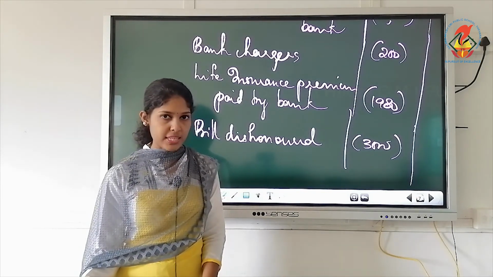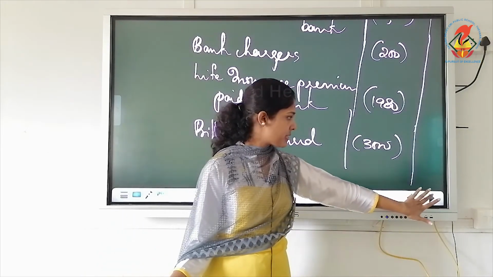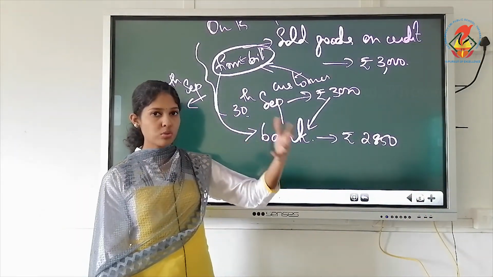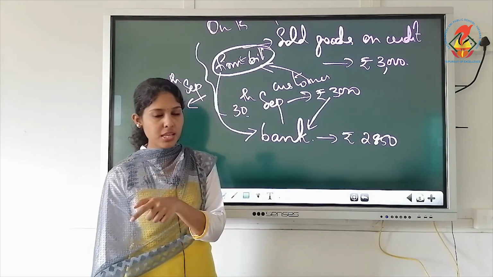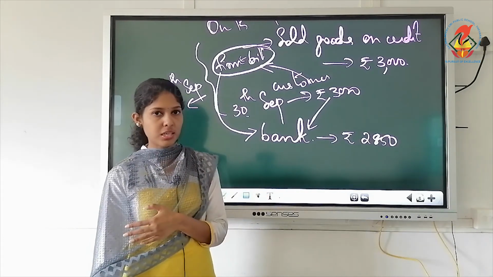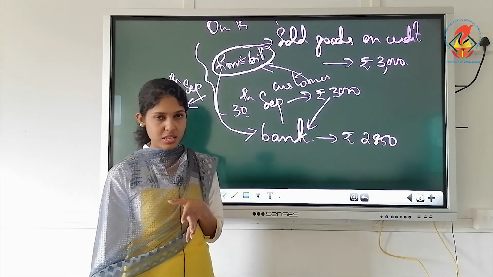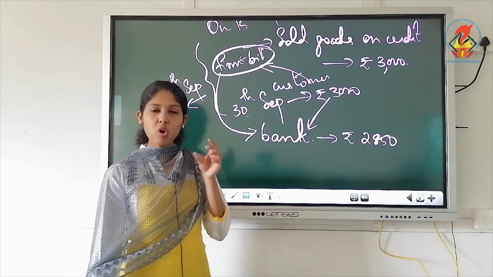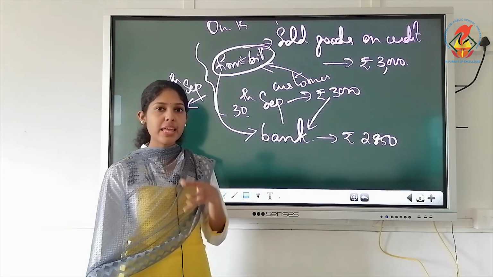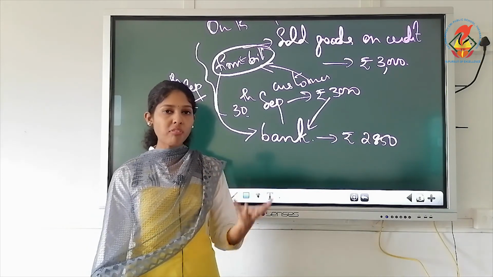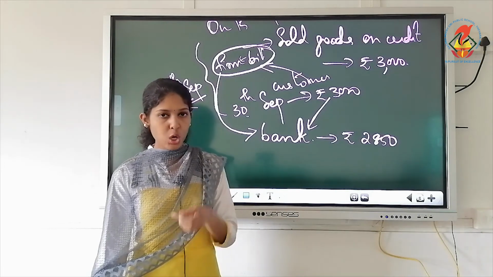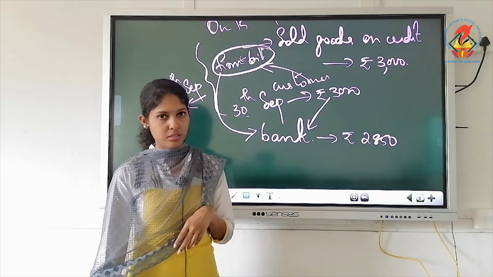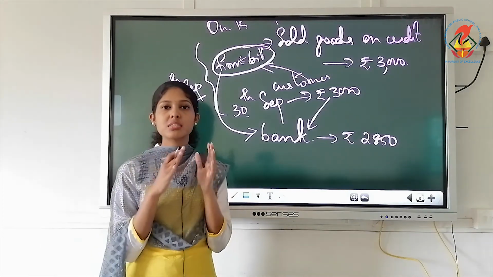Knotting charges means, see, now in this transaction a dishonor took place, okay, because there is no sufficient balance in the customer's account. So, the bank returned the bill. So, dishonoring of bill has taken place. For recording this, there is an official or officer called notary public who will record or enter this dishonor, okay, because this is a proof.